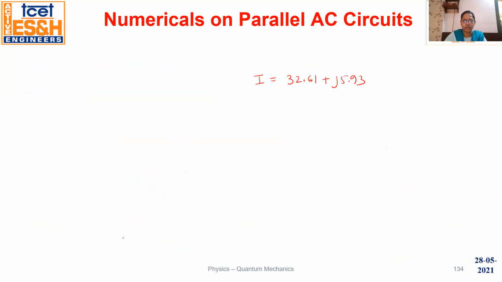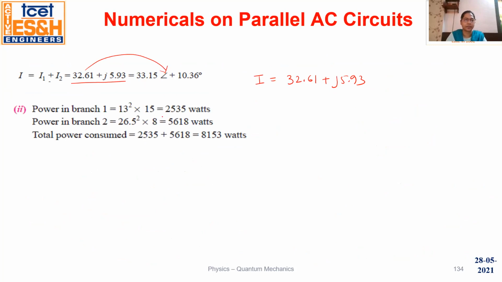So this will give 32.61 plus J5.93. And again you convert this rectangular form into the polar form in the similar manner.